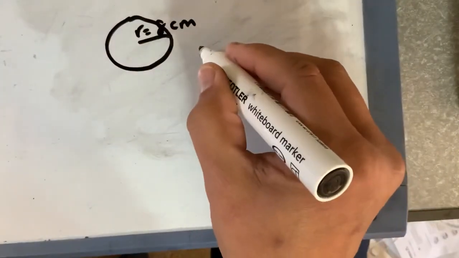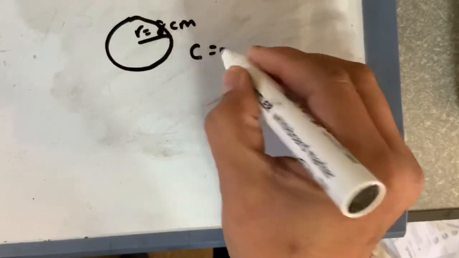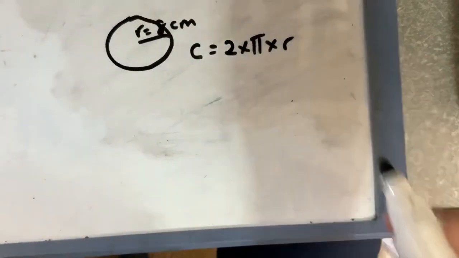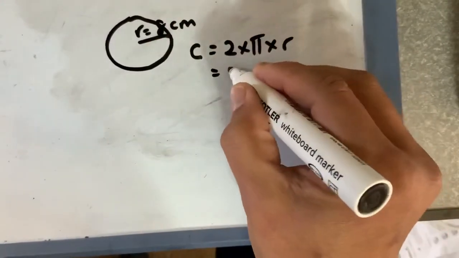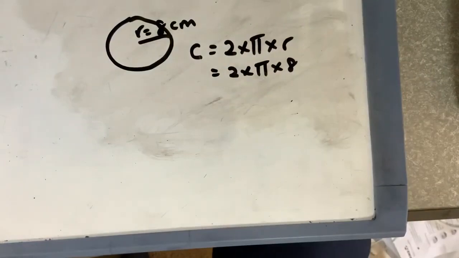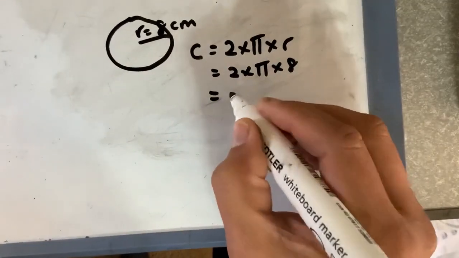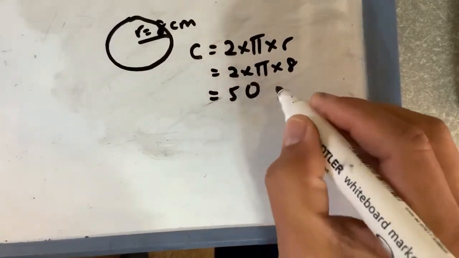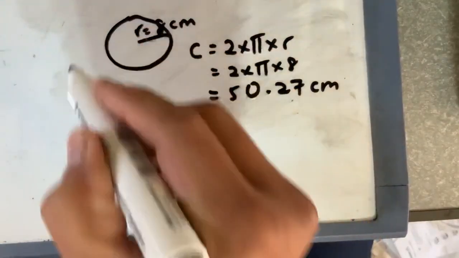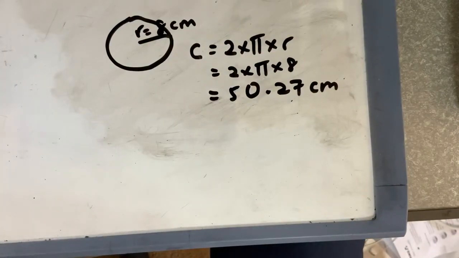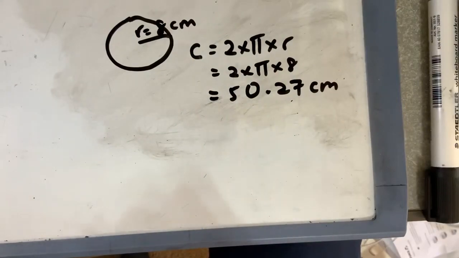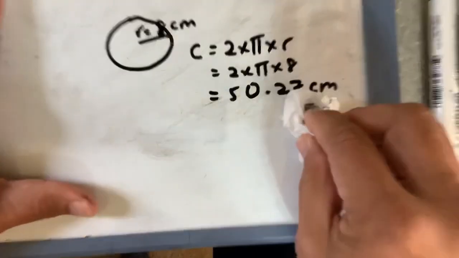Very simple. Circumference or the perimeter is 2 times pi times radius. So because the radius is 8, 2 times pi times 8 centimeter, and you put it in your calculator, and the answer will come out as 50.27 centimeter. So the length or the perimeter of the circle is 50.27 centimeter.